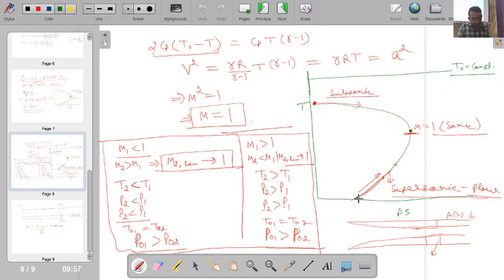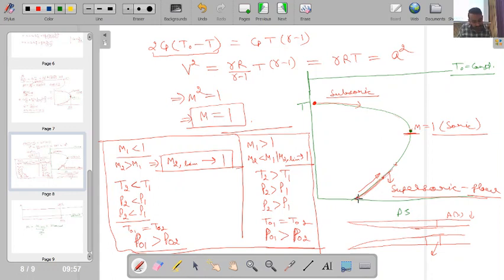Contrary, if I start at this point, then in the L max region I will reach this point, and if I have to further follow this curve, then I have to take this path of decreasing entropy. Okay, is this point clear? So in both directions, if I start at this point, I reach maximum entropy, and if I have to move further along the curve, I have to move in the direction of decreasing entropy.